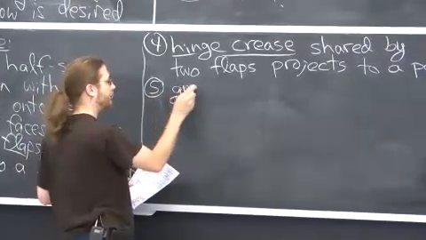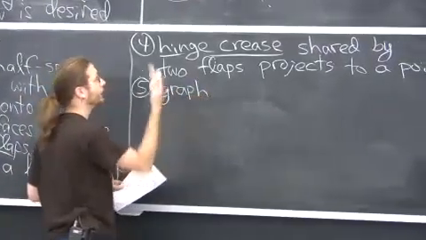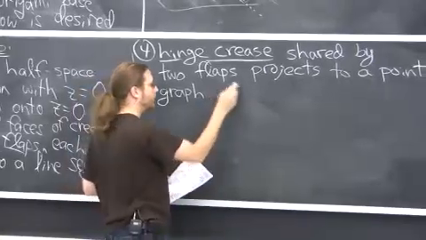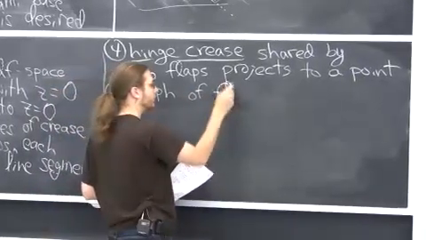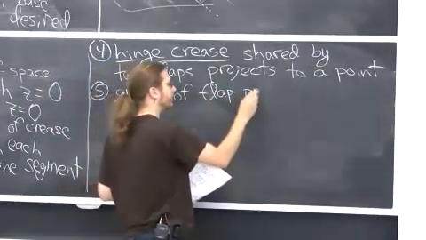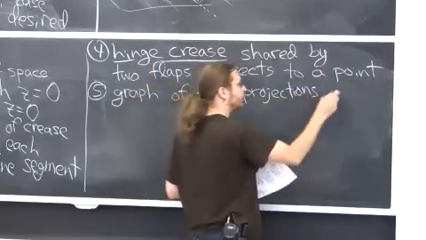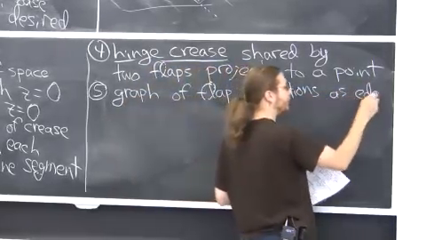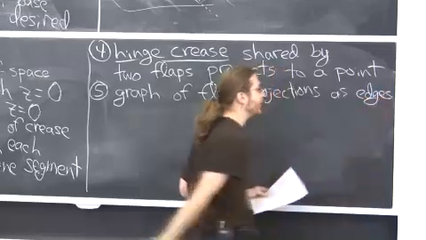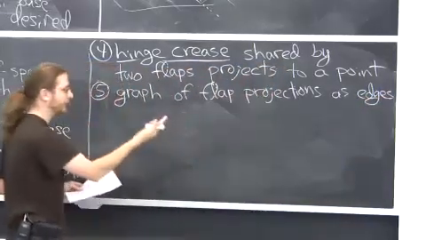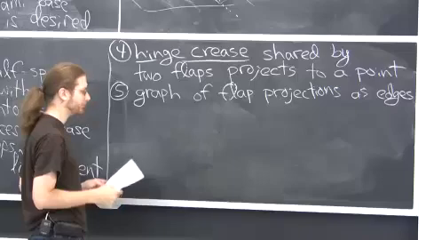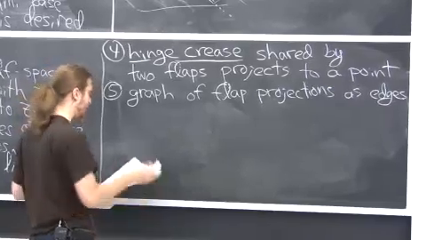And then from those two properties, I can define a graph, which I want to be a tree. So each flap, I want to make an edge of my graph, and that edge is going to be the line segment that each flap projects to.